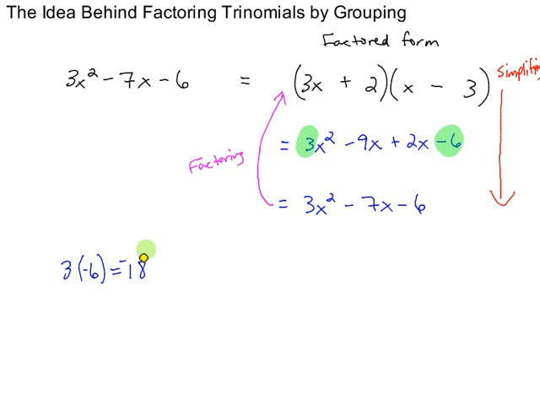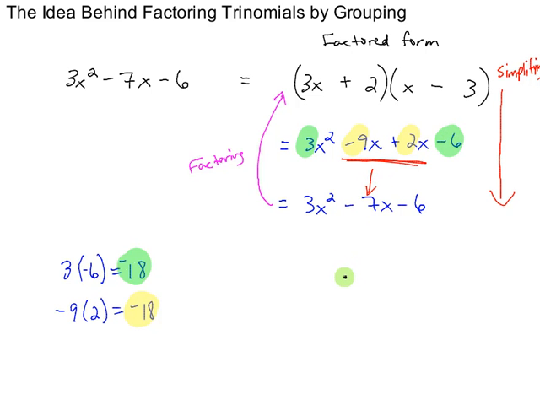The numbers that go in the middle, in this case negative 9 and positive 2, also have to equal negative 18 when you multiply them. So that's how you find these numbers. The two numbers that go in the middle have to multiply to give you the same thing as the numbers on the outsides, and they also have to add to give you the number that you had in the middle.